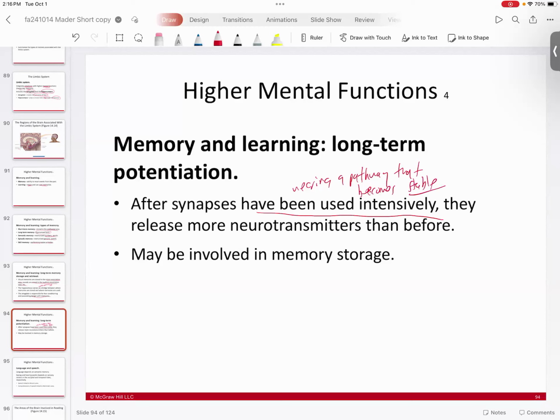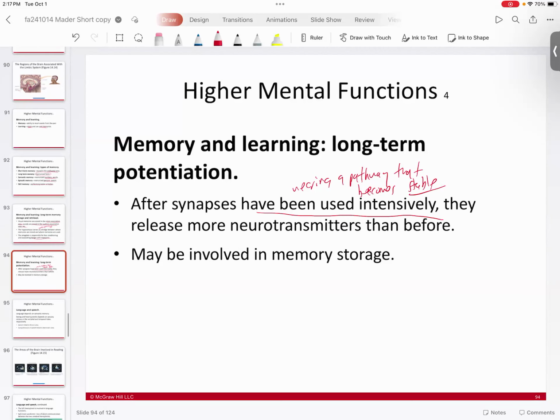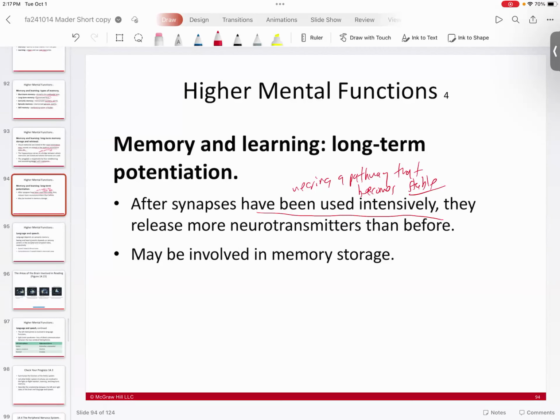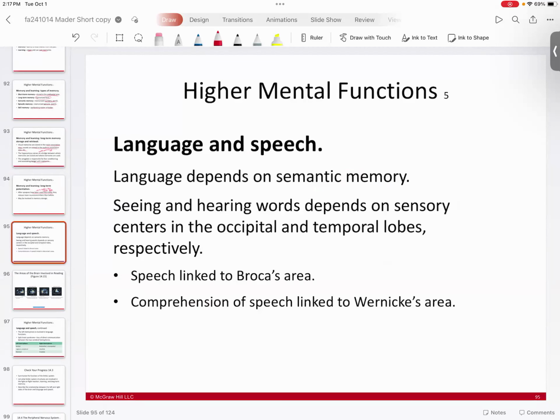It's kind of like wearing a hole in your favorite pants. It's because of common usage. And so ultimately, this will allow you to store this particular memory in this particular sequence of synapses and allow you to recall that. Of course, at the heart of all of that is your amygdala and your hippocampus in particular.